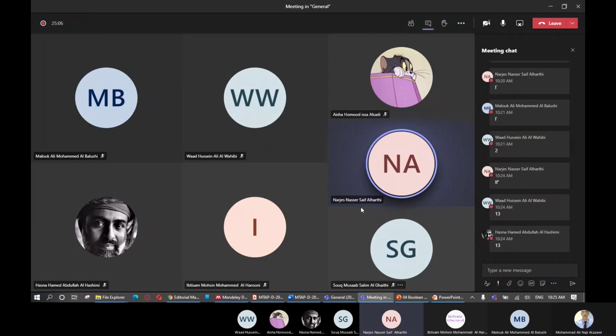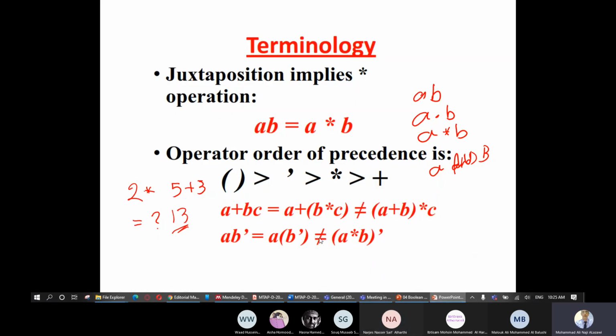After that, minus or plus, the last one. Perfect. So you're talking about the order of execution. Very good. We implement the operation between parentheses, then the complement, then the AND, then the OR. In this case, if I put parentheses here, then the answer will be 16.